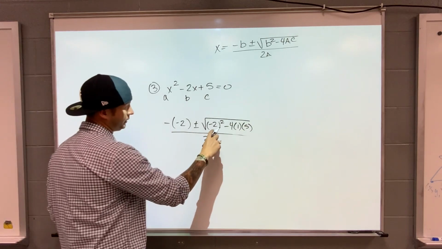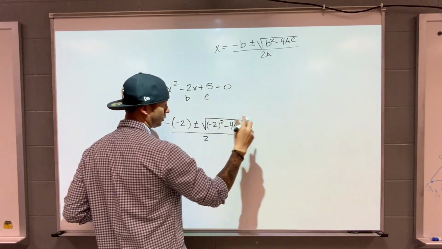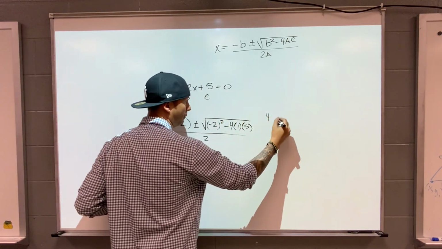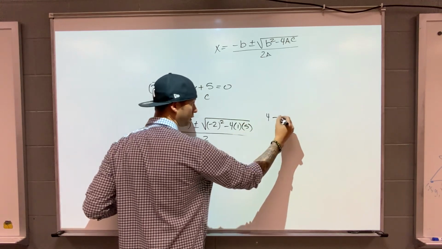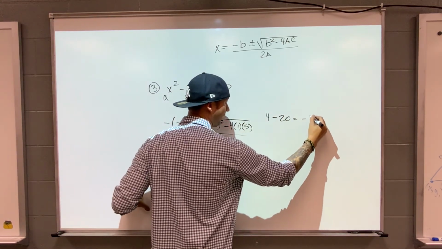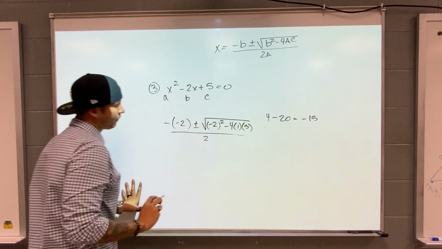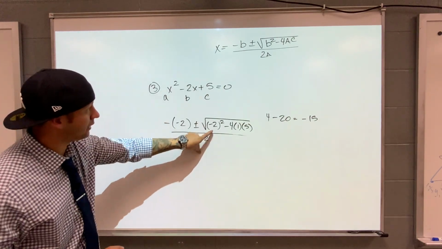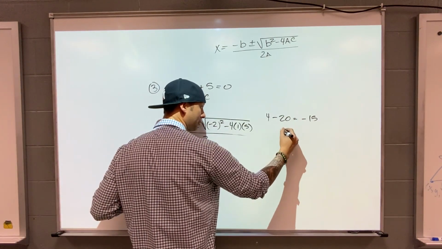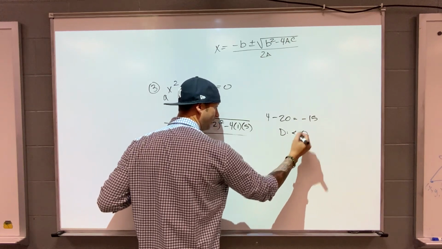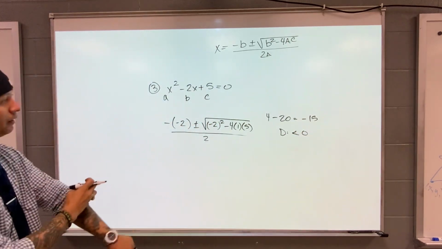Okay, let's see what happens here. Negative 2 squared is going to be 4, minus 4 times 5, which is 20. So we're going to get negative 16. So here we have our first instance where the discriminant is negative, smaller than 0.